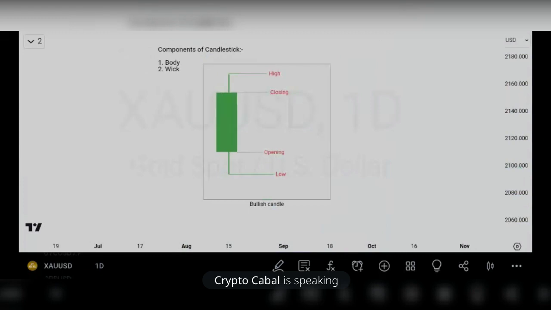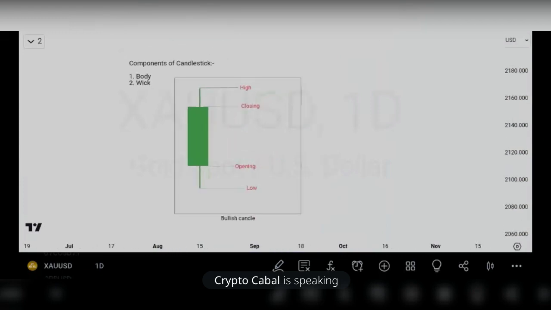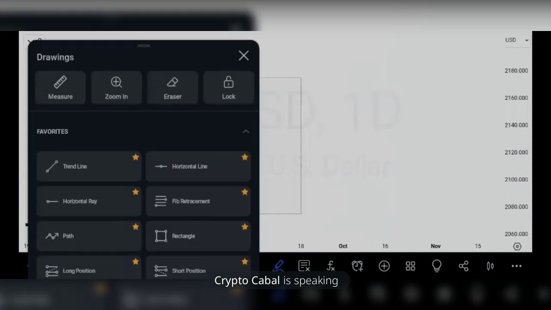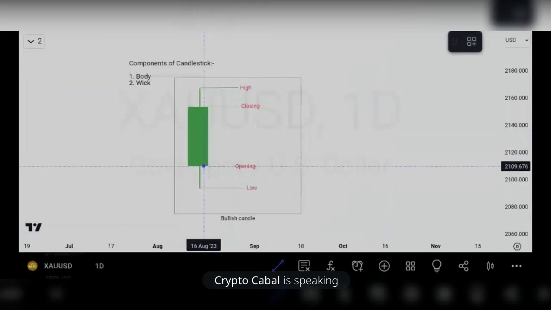This is how the bullish candle is formed. It starts forming from where? The bottom. It closes at where? The top. And now we have the wick cutting across the highest point to the lowest point.